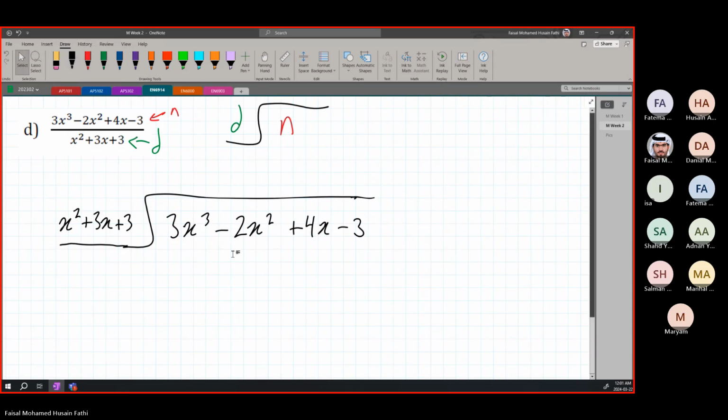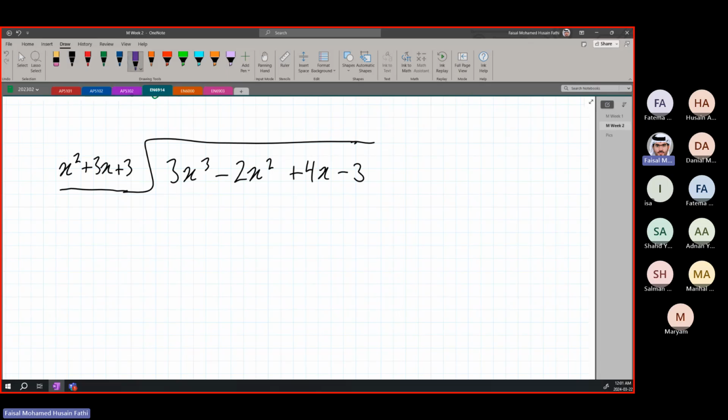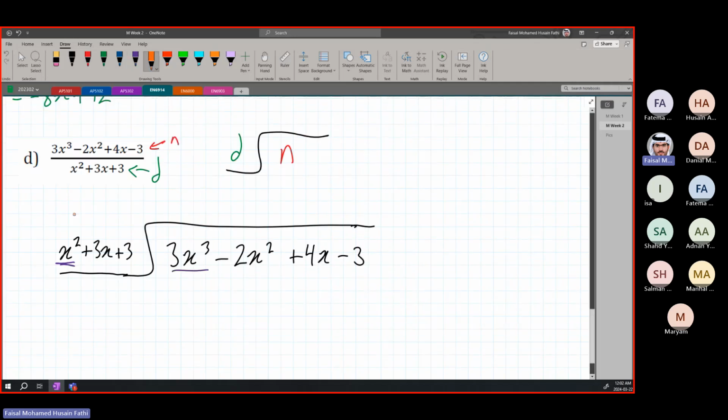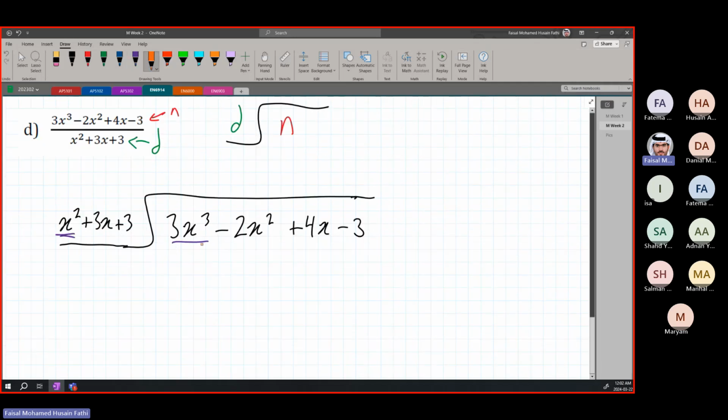Again, look at the first term, the highest term, and the highest term here. 3x cubed, what do you need to multiply by it? I'm just going to do this very quickly. x squared times what becomes 3x cubed? It's times 3x. 3x times x squared becomes 3x cubed. So with 3x, now we have to multiply 3x by this entire thing.